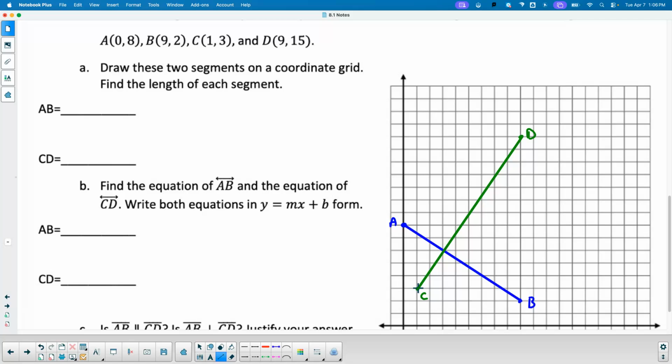It says that we need to find the lengths of those segments. I'll give you a minute and a half to find me the lengths of those segments. Go.